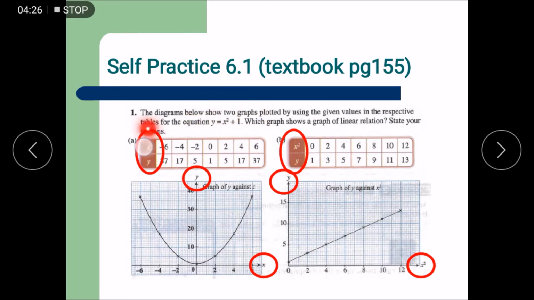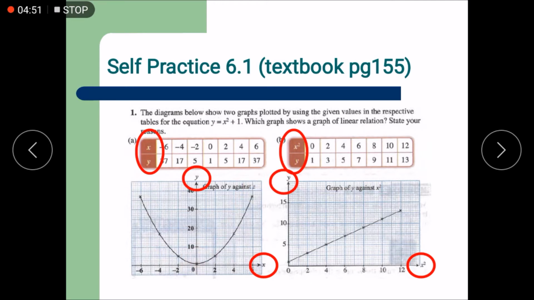If I use x and y axis as x and y, this is normally what we do. We plot the graph of y against x, where your axis is x and y, the normal one. And then using this equation you will get a curve, which is non-linear.